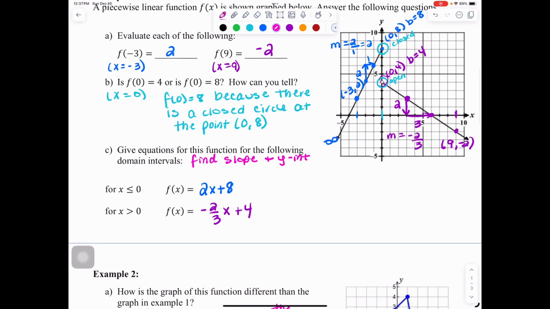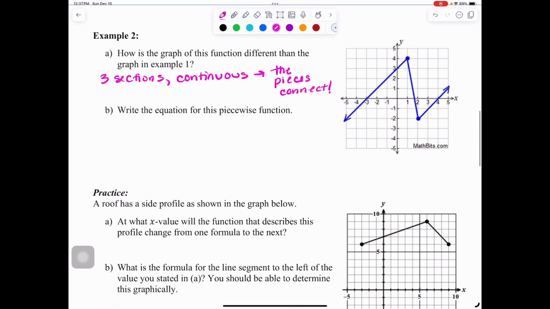I knew exactly what my domain had to be based on open and closed circles. X is less than or equal to 0 had to be the first part because that's where it was closed, and the other one had to be strictly greater than because that was the one that was open. Here, there's just a little bit more flexibility because we can decide where to count each one. I'll show you what I mean as I move through and we write the equation for this piecewise function. So there are 3 sections. I'll start with the section all the way to the left first.